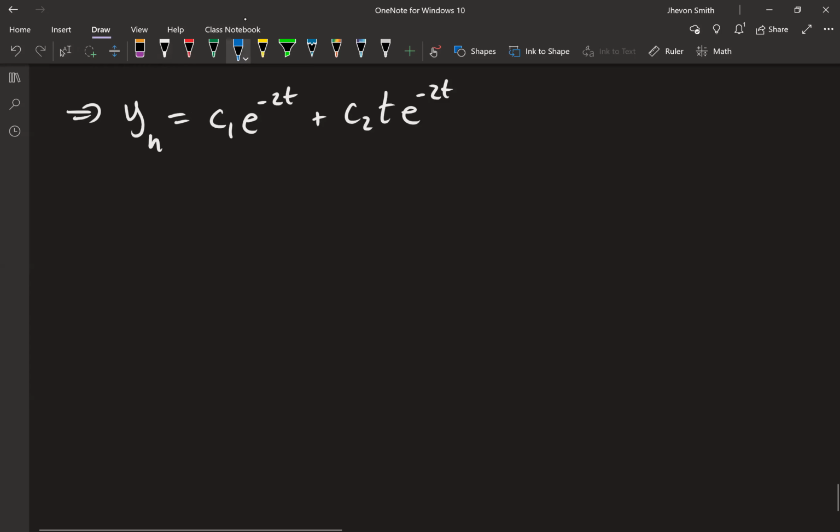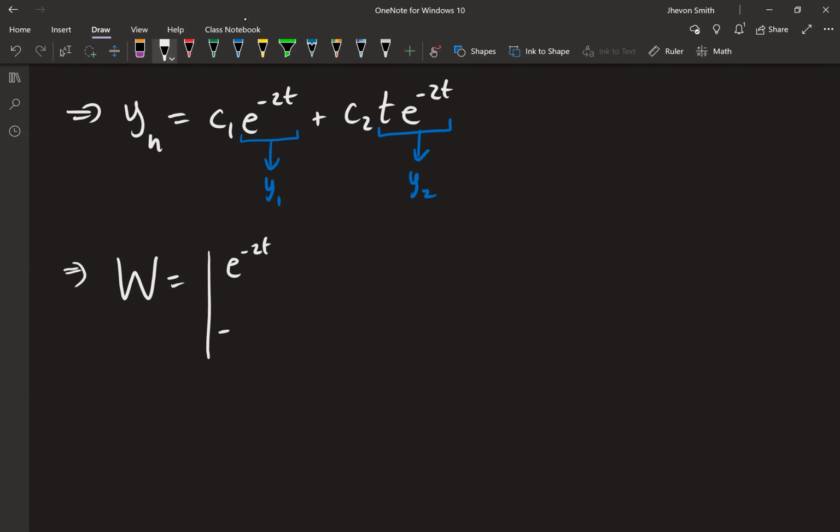Now, of course, I'm going to consider these guys to be some particular component of the homogeneous solution. So call that y1 and call that y2. Now what? Find w. Your w is going to be e to the -2t, its derivative, t e to the -2t, and its derivative.